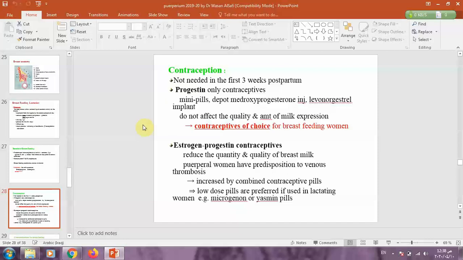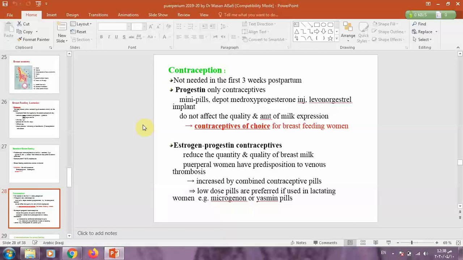Estrogen-progestin contraceptives, we mean the combined pills, reduce the quantity and the quality of breast milk. Puerperal women have a predisposition to venous thrombosis, so giving combined contraceptive pills will increase the risk of DVT and arterial or venous thrombosis.